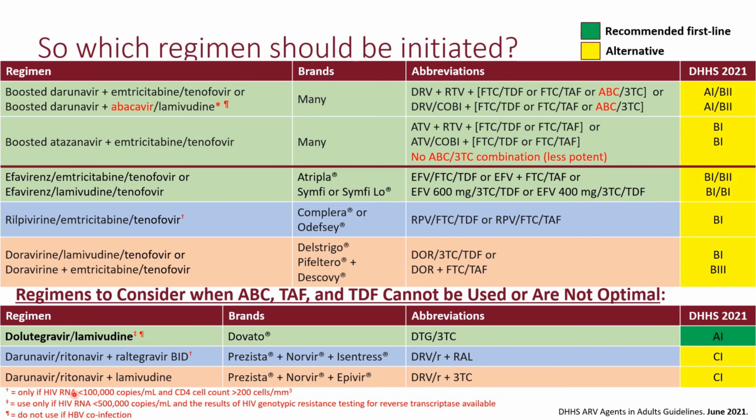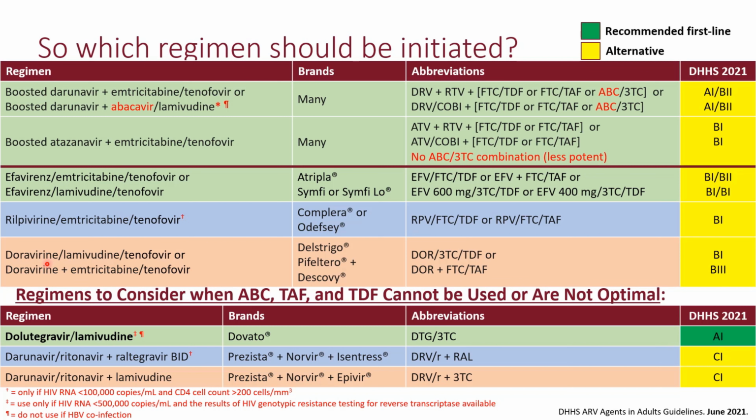Studies have shown that when the viral load was greater than 100,000, or the CD4 count was less than 200, those are more severe patients, and the outcomes were poor with this combination. In addition, rilpivirine needs an acidic environment for absorption, so that also complicates things. We have so many other options that are much better when it comes to adherence, efficacy and safety. So for that reason, it's no longer treatment of choice.